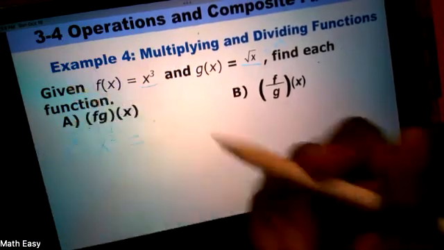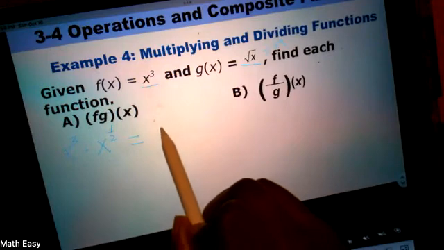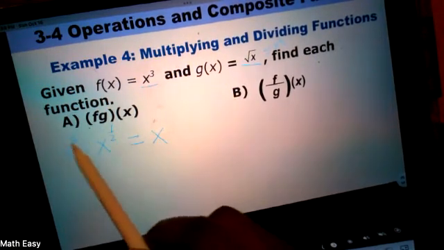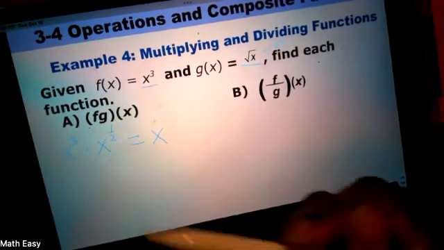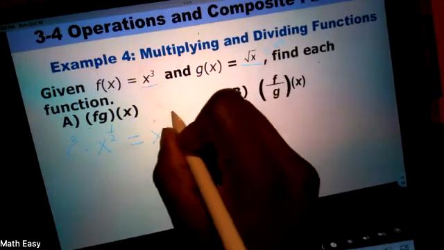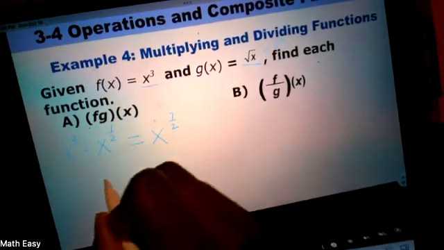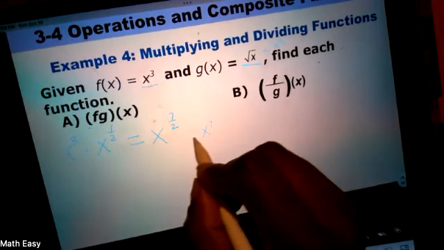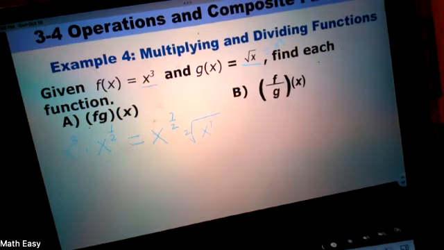We can apply the laws of exponent that says once all bases are the same, we rewrite that base and we add our exponents. So 3 plus a half gives us 3.5, or we can have 7/2. If you like, you can rewrite it as x to the power of 7 root 2. All right.